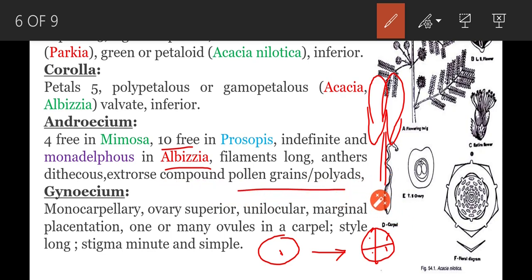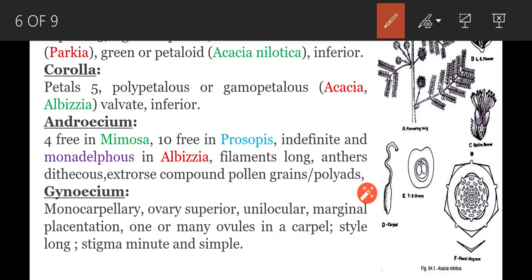Otherwise, they are called compound pollen grains. Generally, they contain 16 grains. Only here 4 are present. Like that, total 4 sets. 16 grains remain fused and are released into the external environment. Such pollen grains are called polyads. Okay.